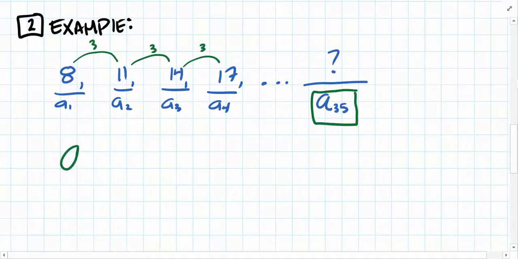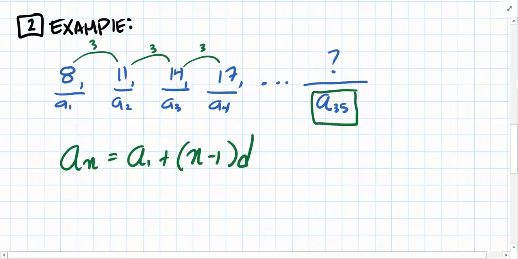The formula says this: a sub n is equal to a sub 1 plus the quantity of n minus 1 times d. Let's plug in what I know. A sub 35, I don't know what this answer is, but it has to be the very first term, which is the number 8, plus how many I want.